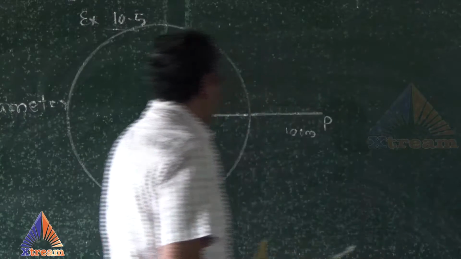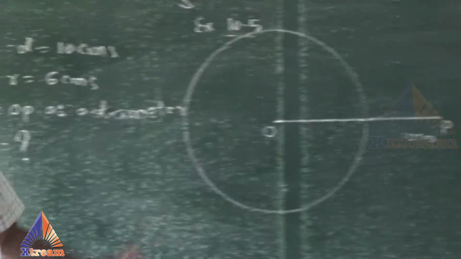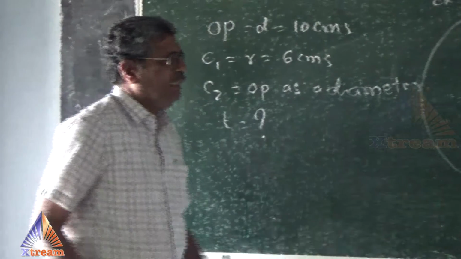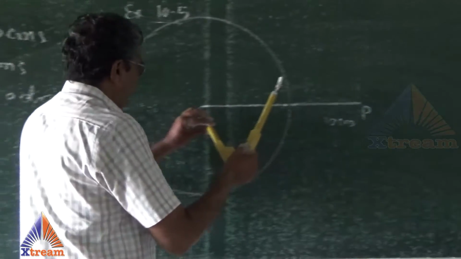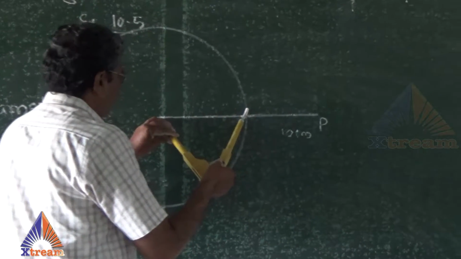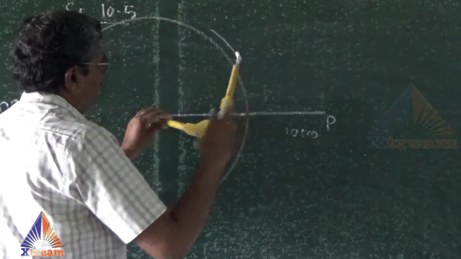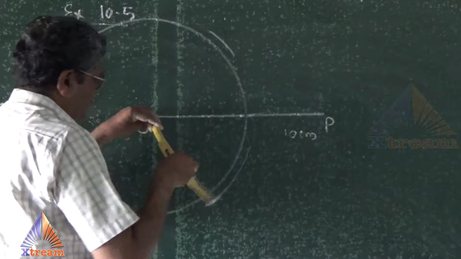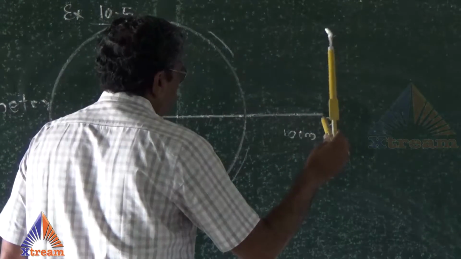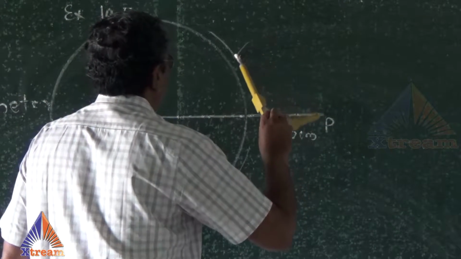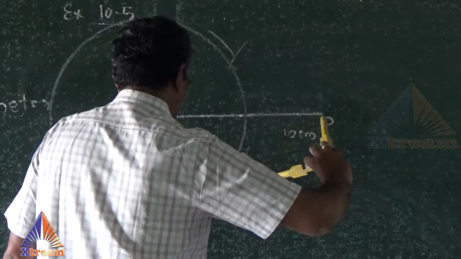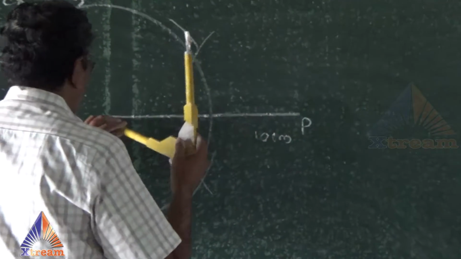Then the second step is to bisect the line OP. Take more than half of OP, then with O as center mark an arc, and with P as center mark another arc, so you can make the arcs intersect very clearly.